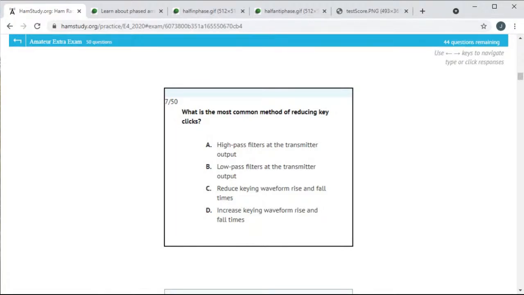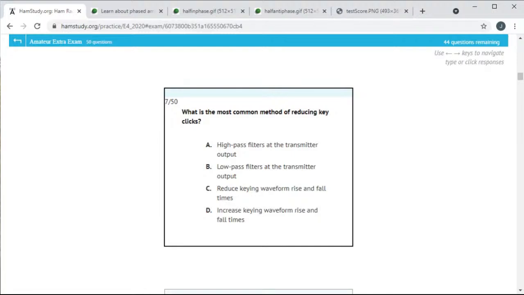What is the most common method of reducing key clicks? A, high pass filters at the transmitter output. B, low pass filters at the transmitter's output. C, reducing keying waveform rise and fall times.